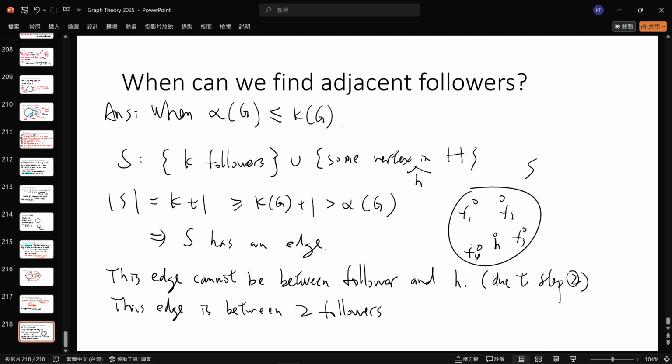So once again, we have shown that there are adjacent followers under this condition.